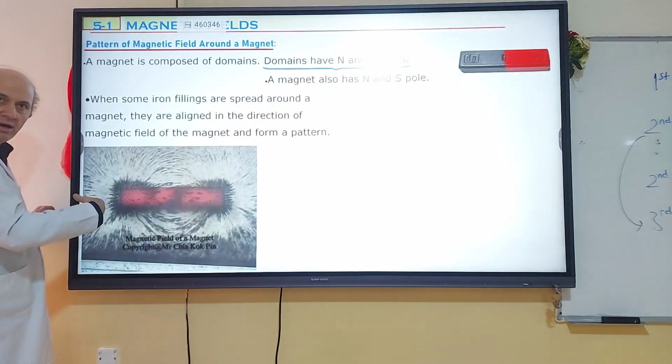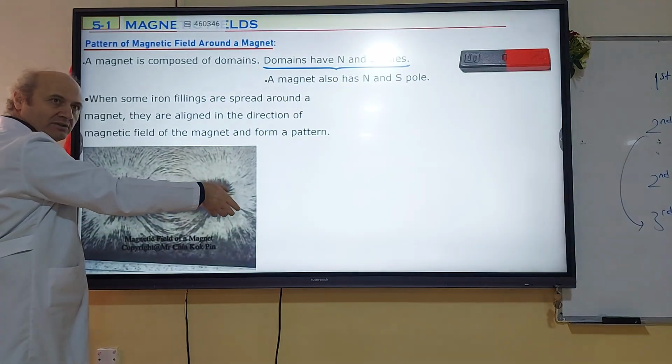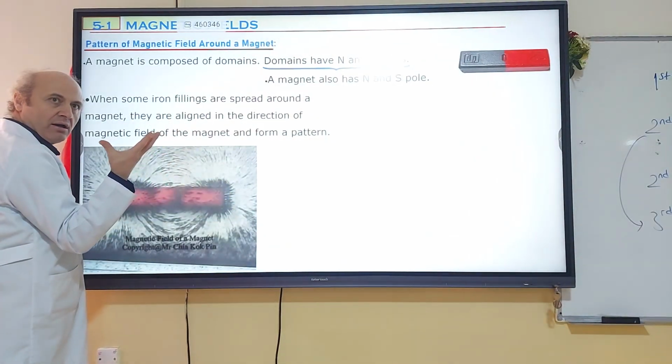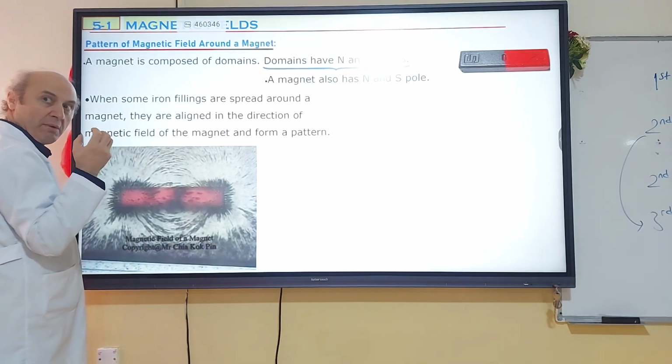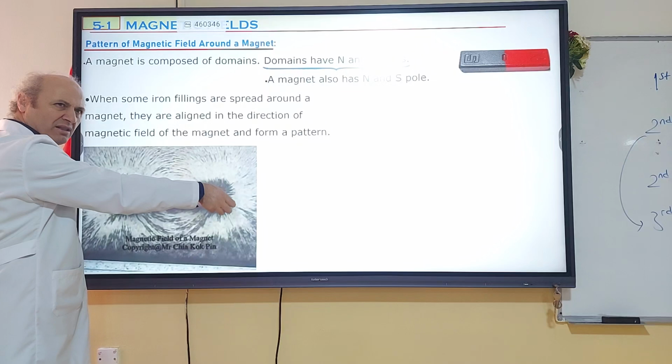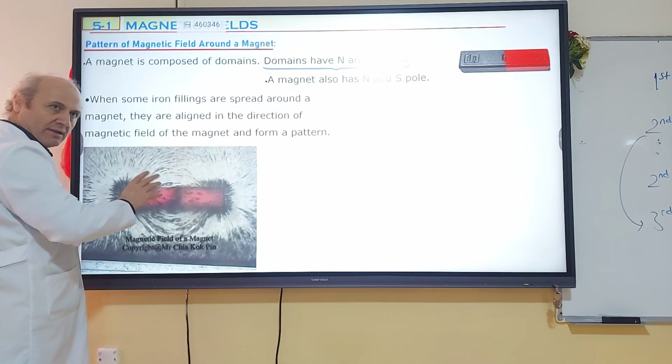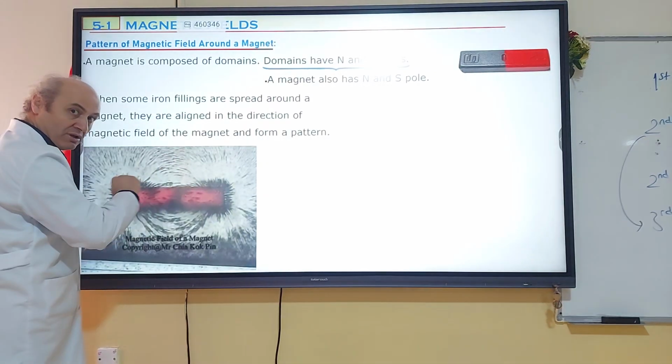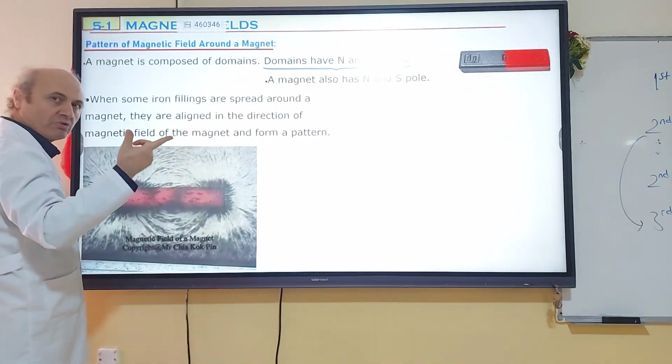And at the ends, these iron filings are accumulating, which means the magnetic field is leaving from one end, goes to another end, or vice versa. We don't know, but we will learn now how to determine that.